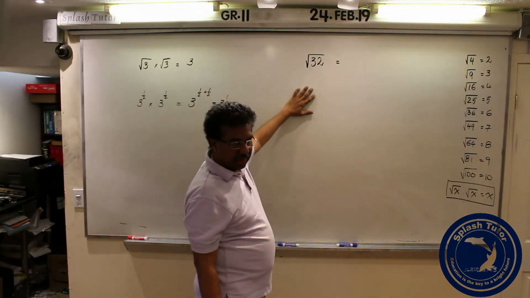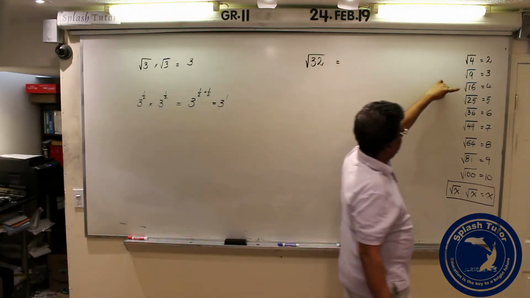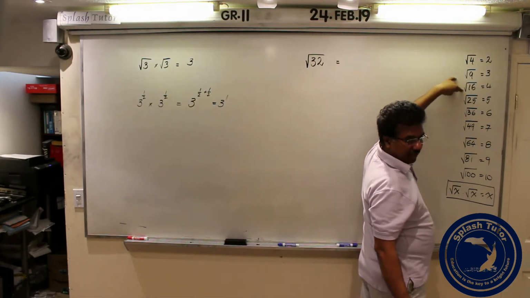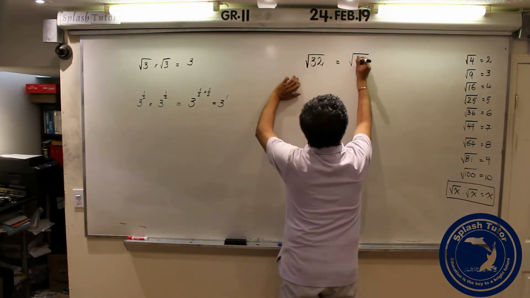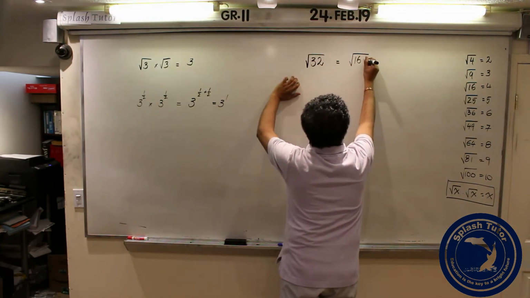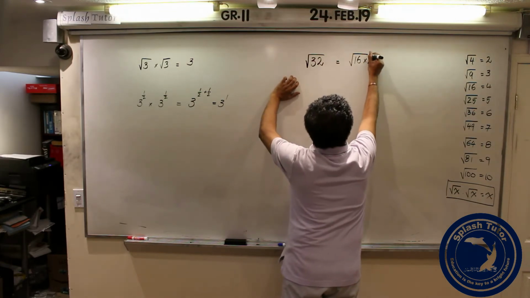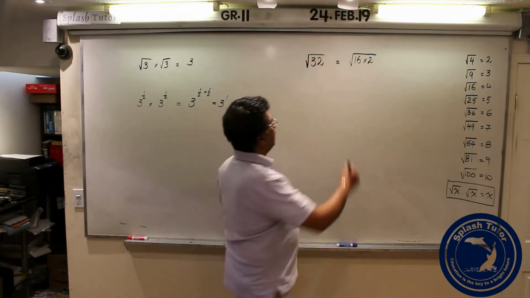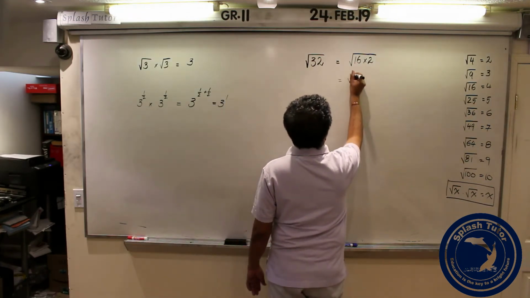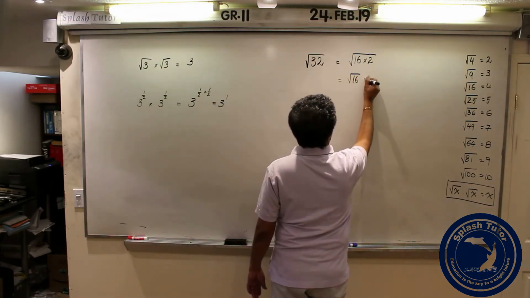Can be divided, right? So the 32 can be divided by this, and we take the biggest one. And we write this 16 times 2. Now 16 times 2 is root 16 times root 2.